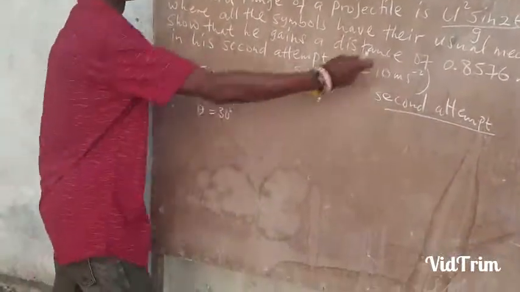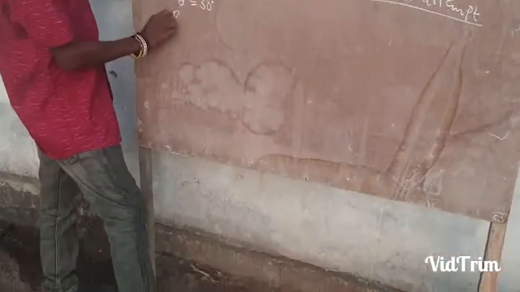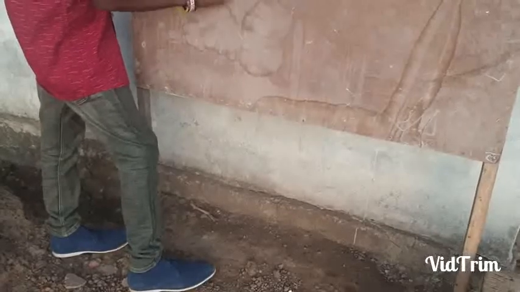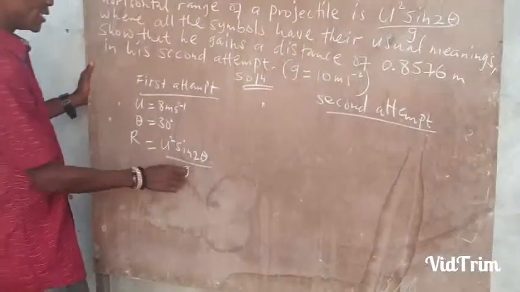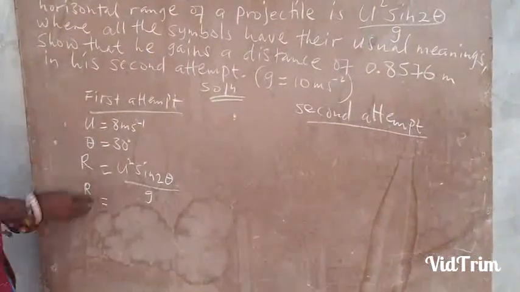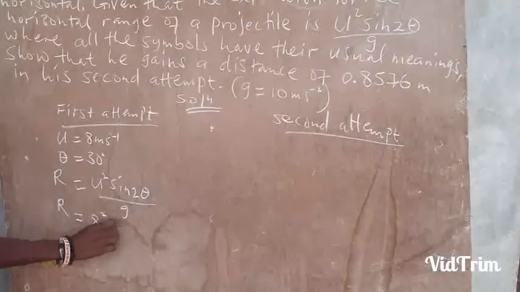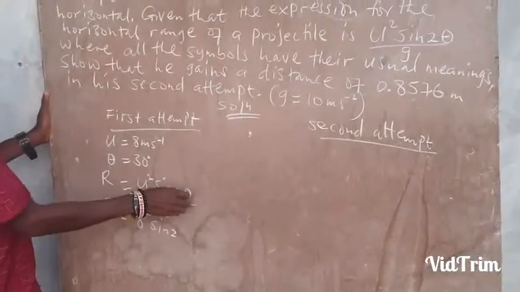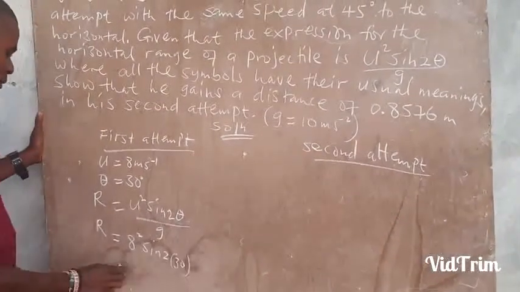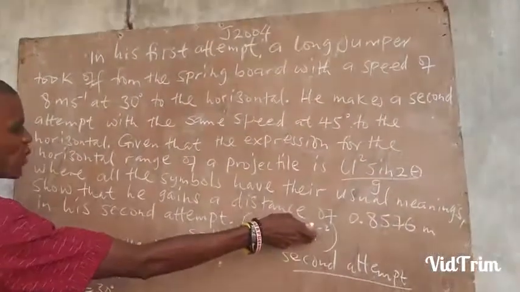We now know the formula for the range of the projectile. Last week, we said the range of the projectile is u square sine 2 theta divided by g. So the range becomes 8 square sine 2 theta, where theta is 30 degrees, that means 2 times 30, divided by the gravity, which according to them is 10 meters per second square.